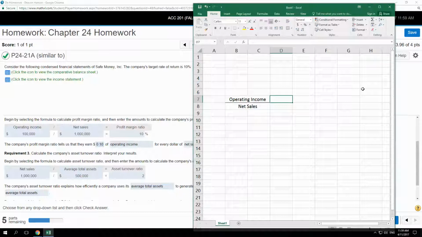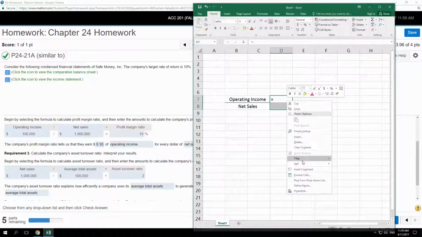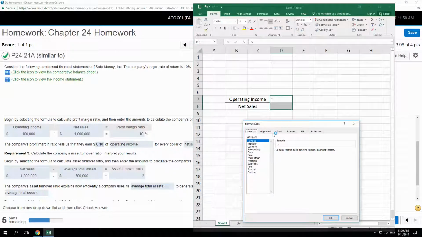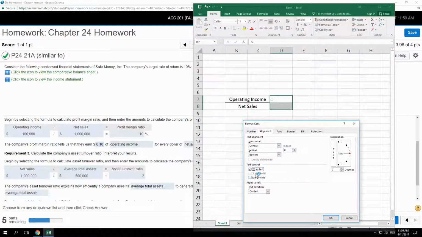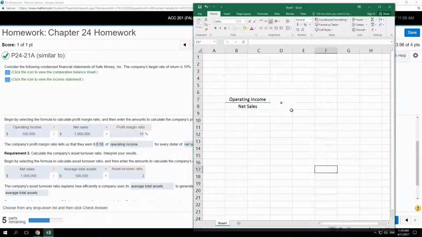This is going to be the profit margin ratio.